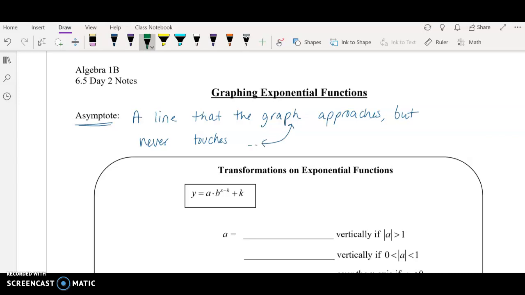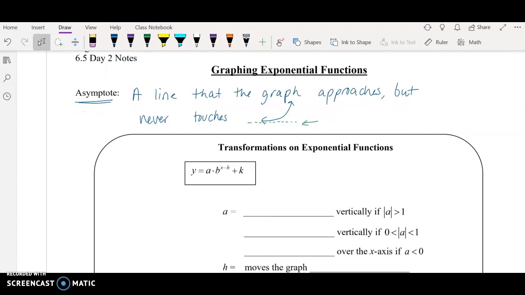There was actually a horizontal line that you can't see on the graph, but the graph here is approaching it as you go to the left or to the right forever, but it never is going to actually touch. That is your asymptote.